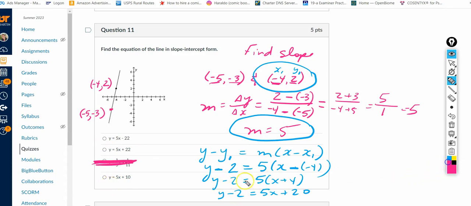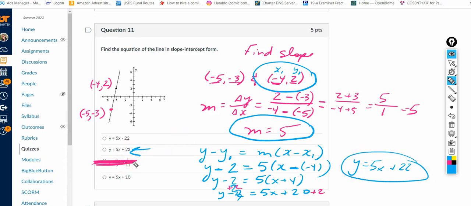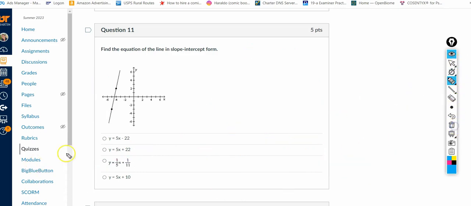I'm going to add 2 to both sides. And then that's going to give me y, because these will cancel, is equal to 5x plus 22. So that's the one I want. That's going to be the one that I want there.